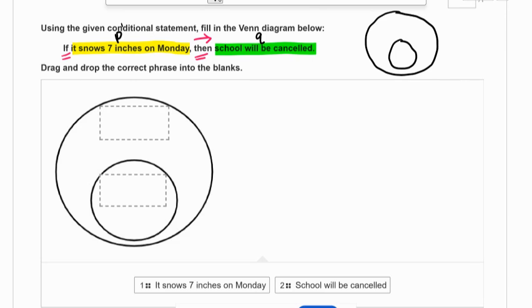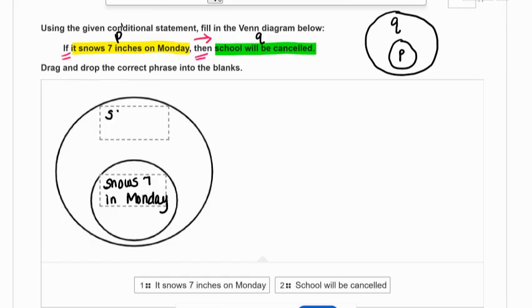Okay, and we want to put the hypothesis P in the little circle and the conclusion Q in the big circle. So what we would want to do here is put snows 7 inches on Monday in the little circle, because that's P, the hypothesis.